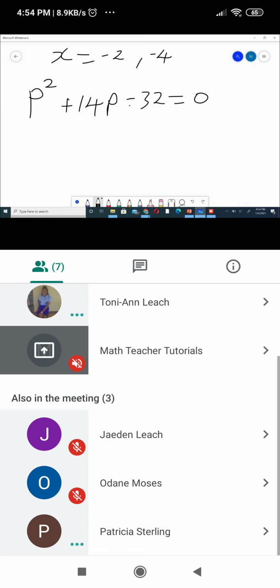In the bracket, we'll have p plus 7, and we got 7 because 7 is half of 14, which is the b value, all squared minus 32. When we square the 7, we get 49.